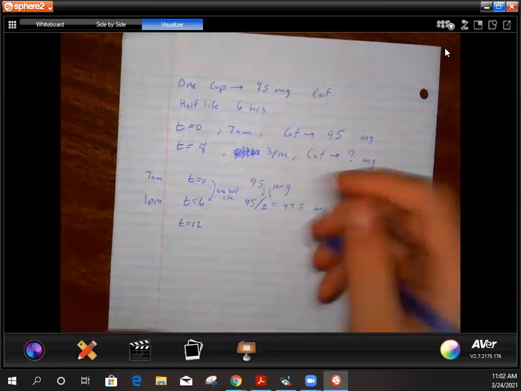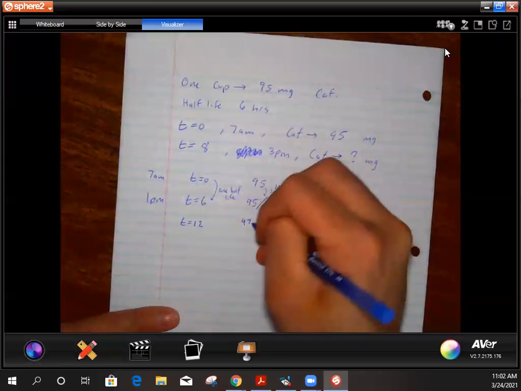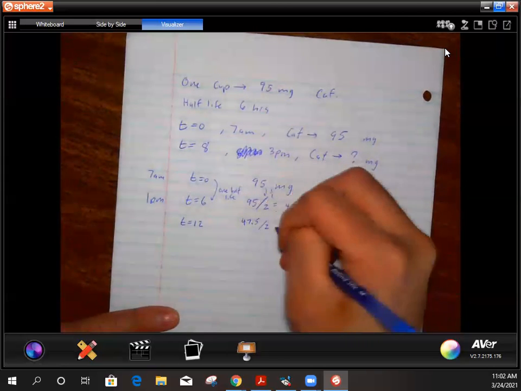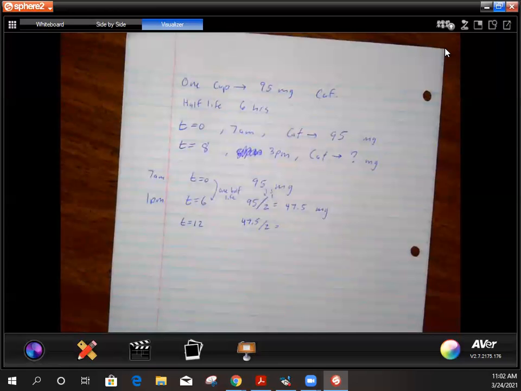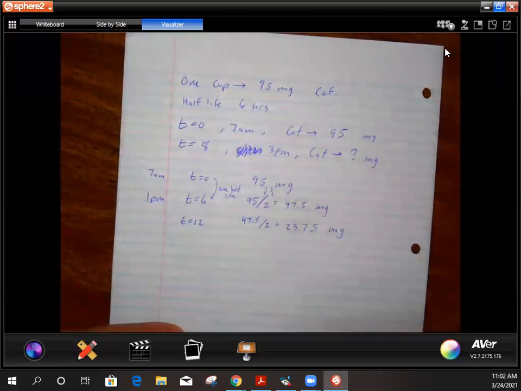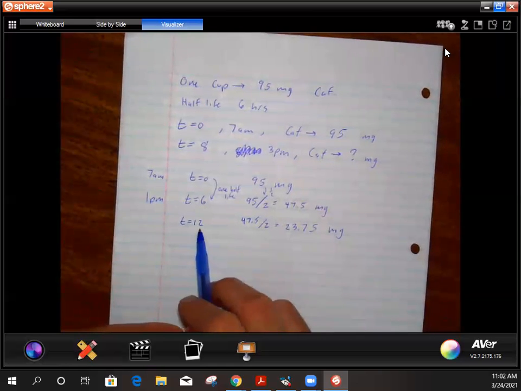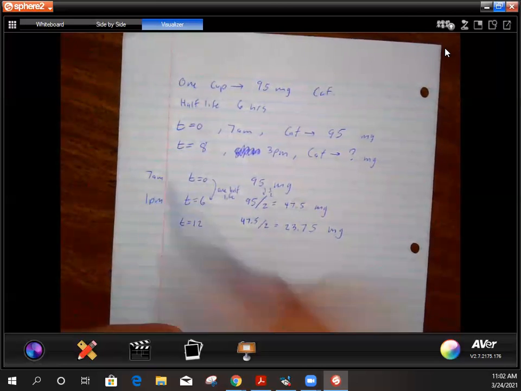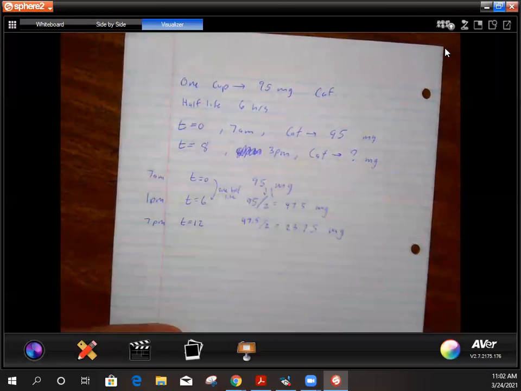So at T equals 12, you would have half of 47.5 milligrams of caffeine in your body, which comes out to be, as a decimal, 23.75 milligrams. Now, T equals 12 would be 12 hours from 7 a.m., so that's 7 p.m.